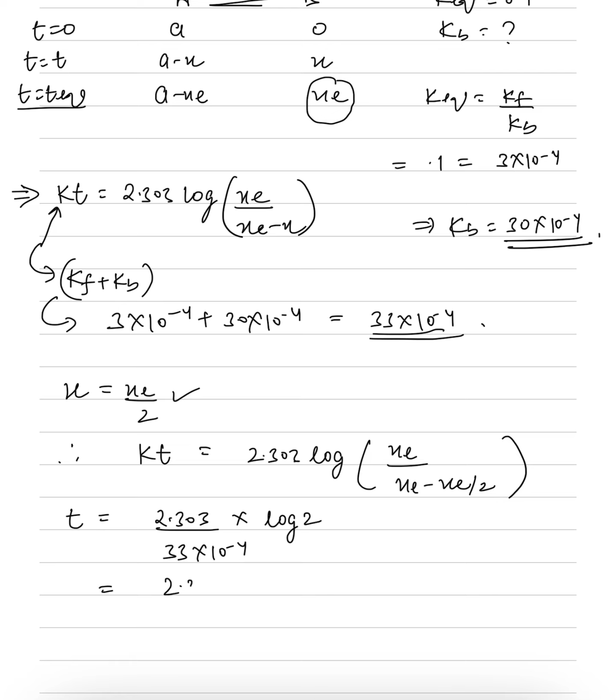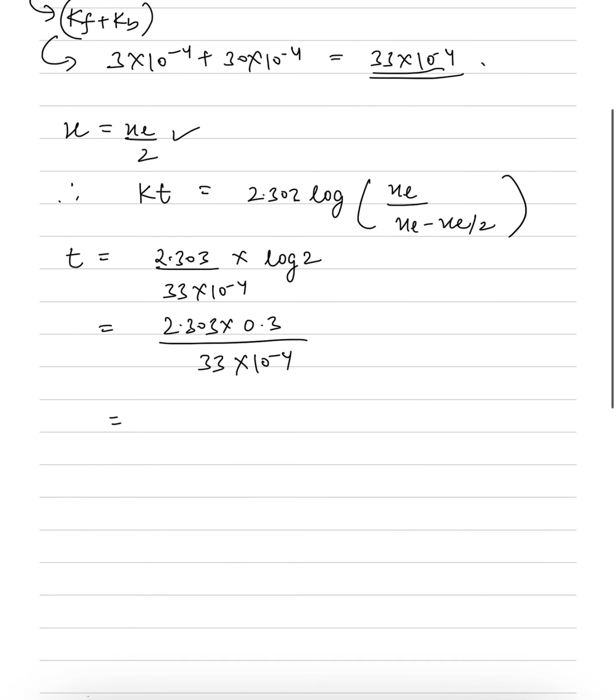So 2.303 log 2 can be taken as 0.693 upon 33 into 10 raised to the power minus 4. If you solve it further, it will be 0.693 into 10 raised to the power 4 upon 33.